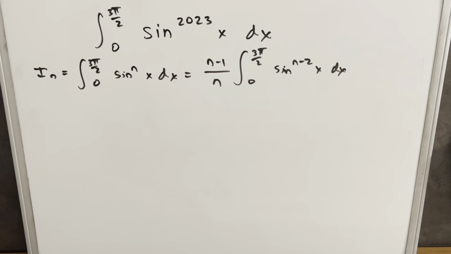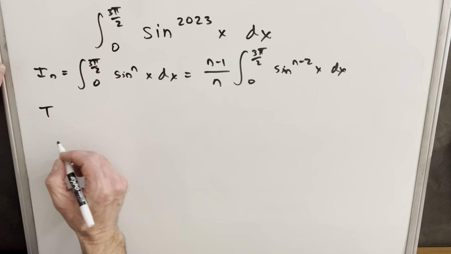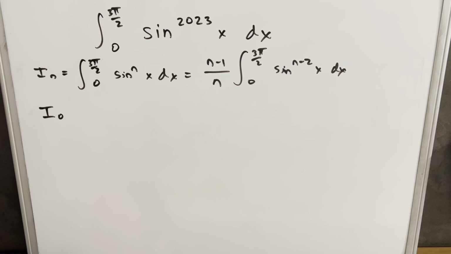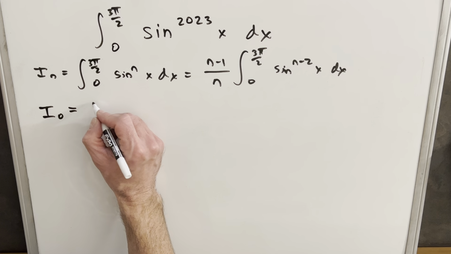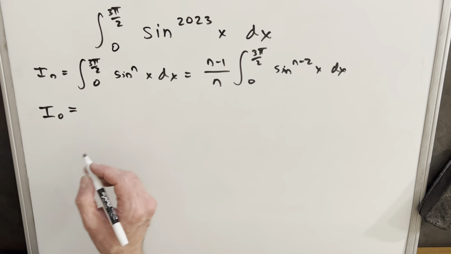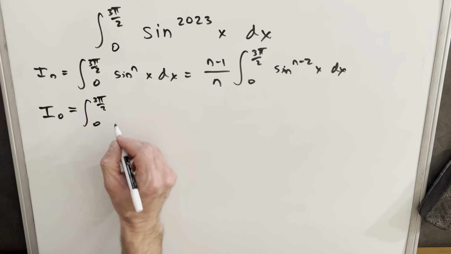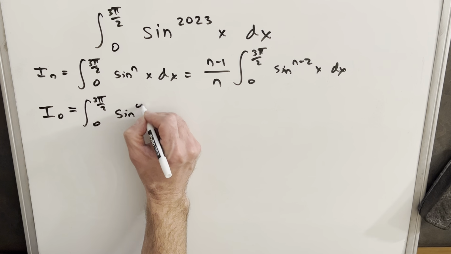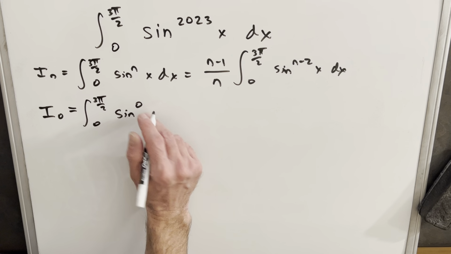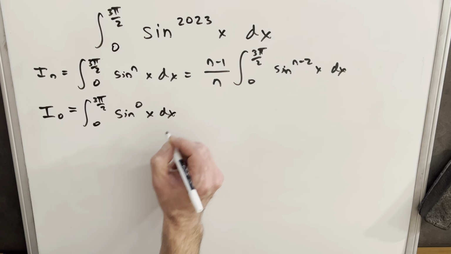From the last step, noticing that it wasn't really going to work to just iterate over and over again, what I wanted to do next was try to start from the bottom. Instead of starting at 2023, let's start at 0. So I sub 0, and let's look at exactly what that is. This will be the integral from 0 to 3 pi over 2 of sine to the 0 x, because our n becomes 0, dx.